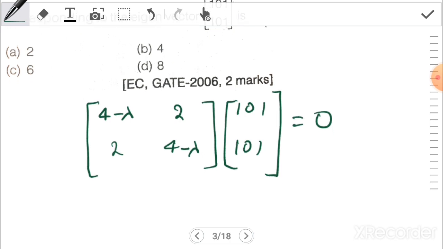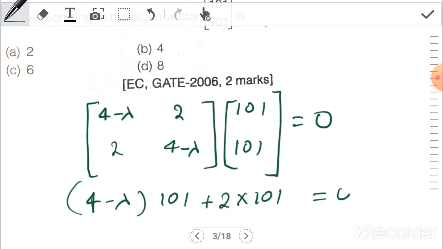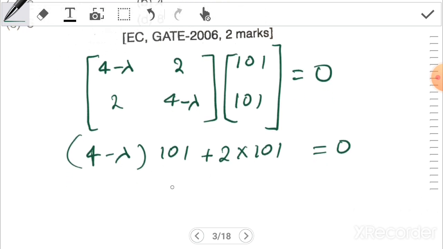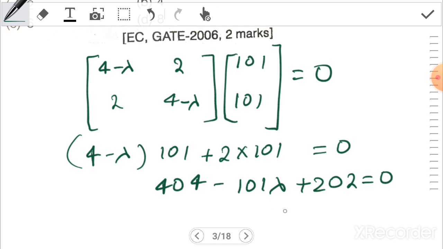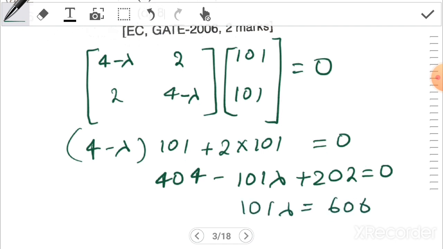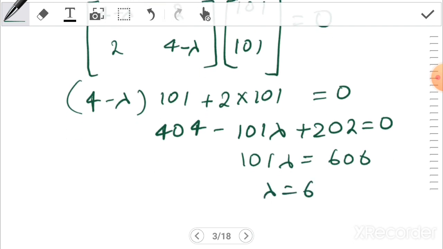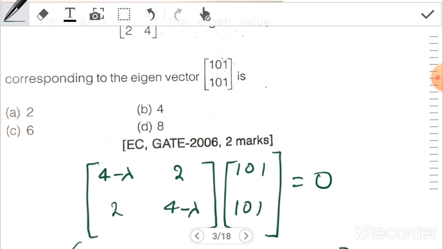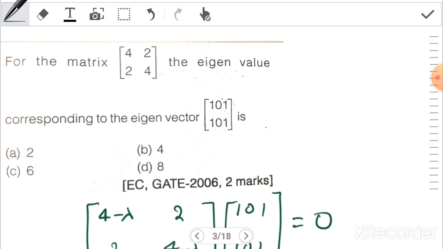Let us solve. So 4 minus lambda times 101 plus 2 times 101 is equal to 0. So 404 minus 101 lambda plus 202 is equal to 0. 101 lambda is equal to 606 and lambda is equal to 6. So the answer is 6.